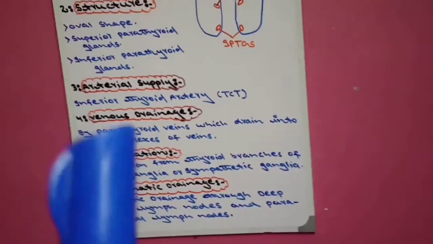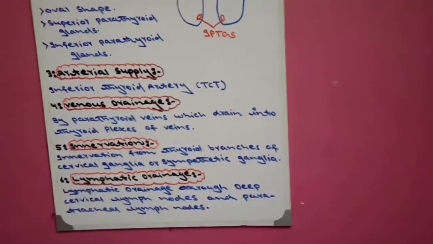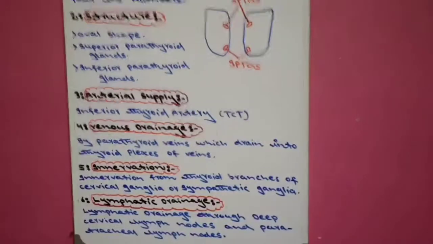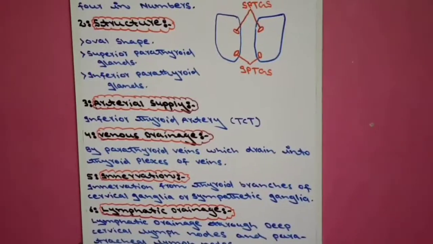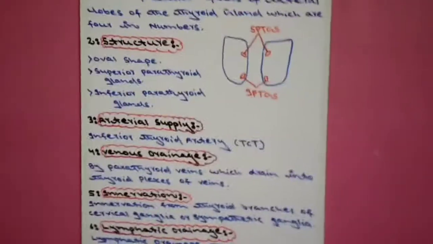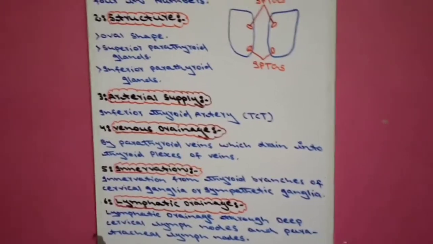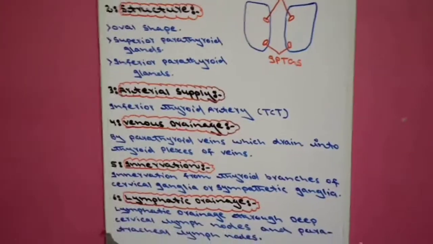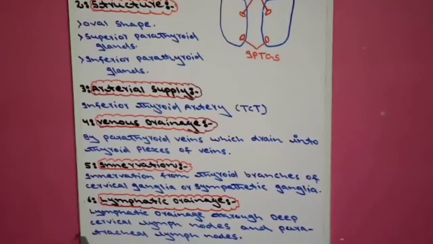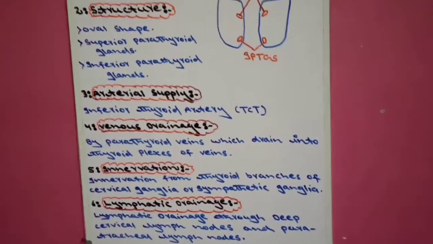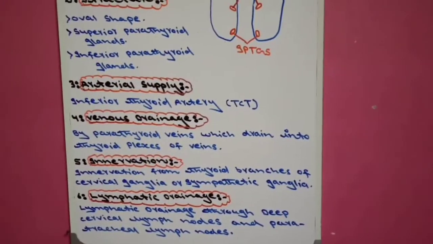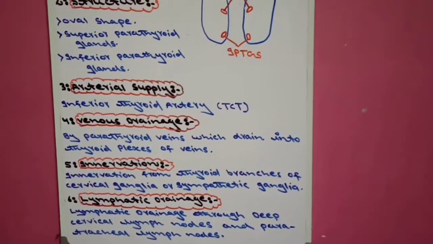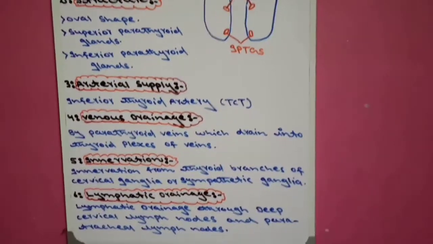Now after venous drainage, come to the innervation, from where the parathyroid glands receive innervation. From the cervical ganglia, meaning cervical sympathetic ganglia, thyroid branches emerge which come to the thyroid gland.